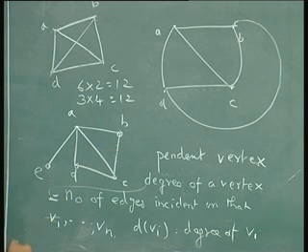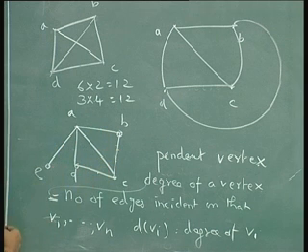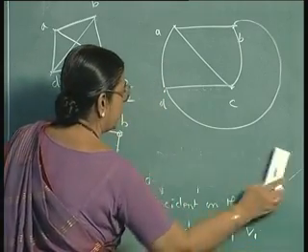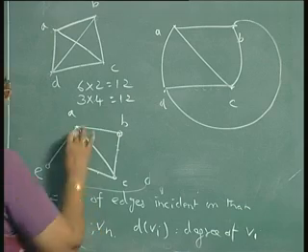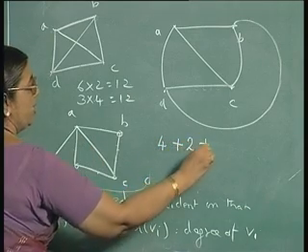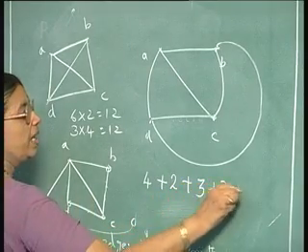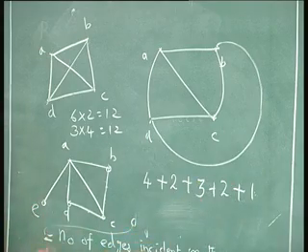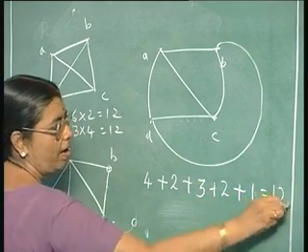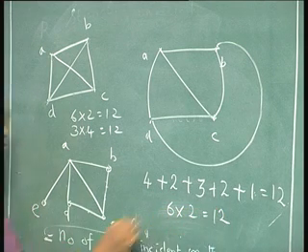And look at this, how many edges are there? 1, 2, 3, 4, 5, 6 edges are there. Calculate the degree of each vertex. A has degree 4, B has degree 2, C has degree 3, D has degree 2, E has 1. This sums to 12 and you have 6 edges, 6 into 2 is 12.